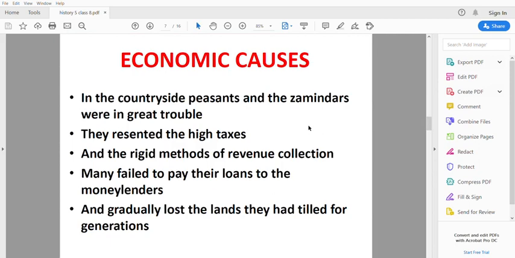The second cause is the economic cause. In the countryside, peasants and zamindars were in great trouble. They resented the high taxes. They had to pay very high taxes, and the method of revenue collection was rigid.